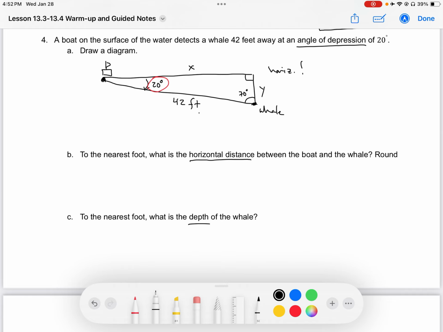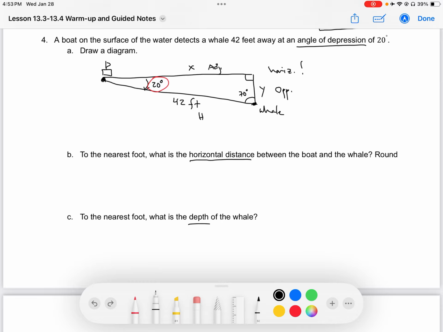Okay, so this is the hypotenuse. This is the adjacent side to the 20-degree angle, and this is the opposite side to the 20-degree angle. Remember that if I used the 70-degree angle, these would swap, but I'm just going to use the 20-degree angle.